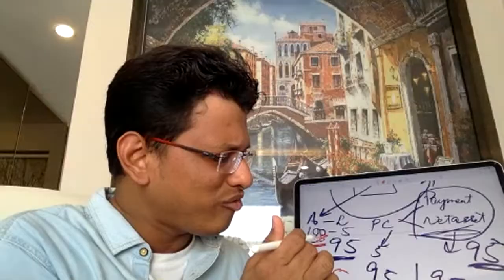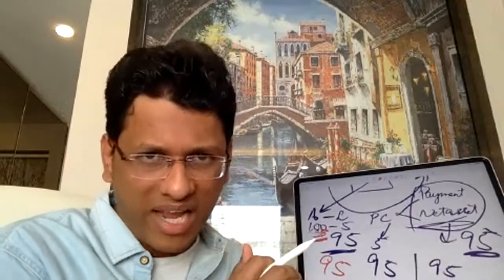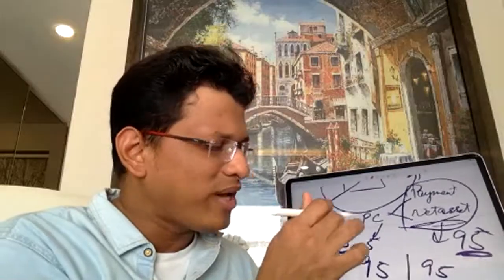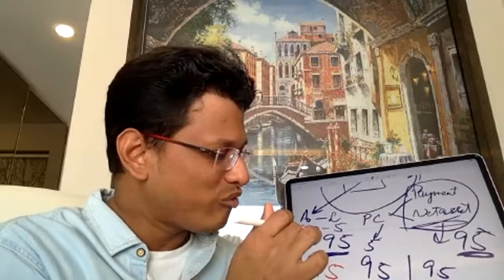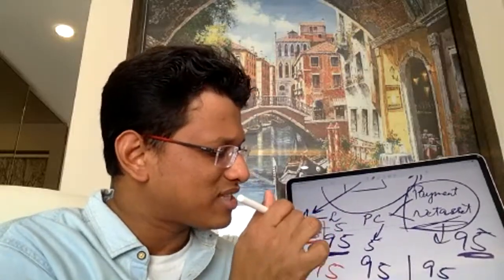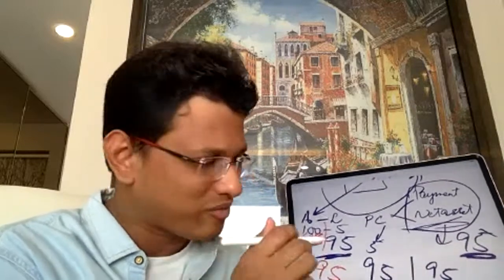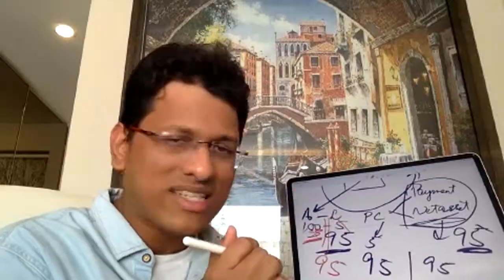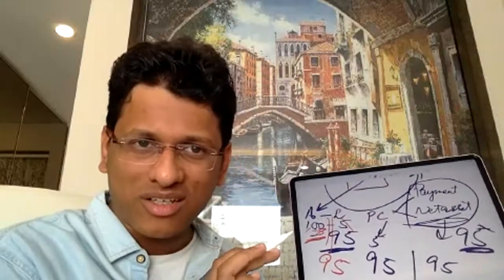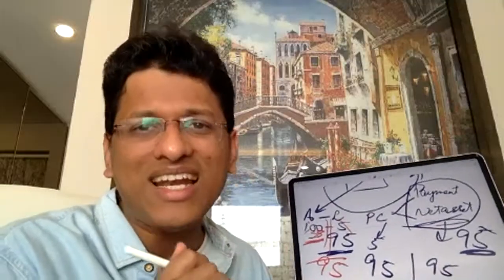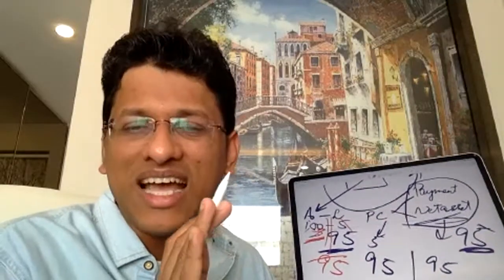As if out of this 100, maybe there is some cash also. That cash of 5 is gone, and this 5 rupees of liability is gone. So if cash of 5 is going out from these assets, then this becomes 100 minus 5, 95. Then the liability with that got settled. So 5 rupees of liability is gone. So 100 minus 5, 95 is what we still have as the net assets.